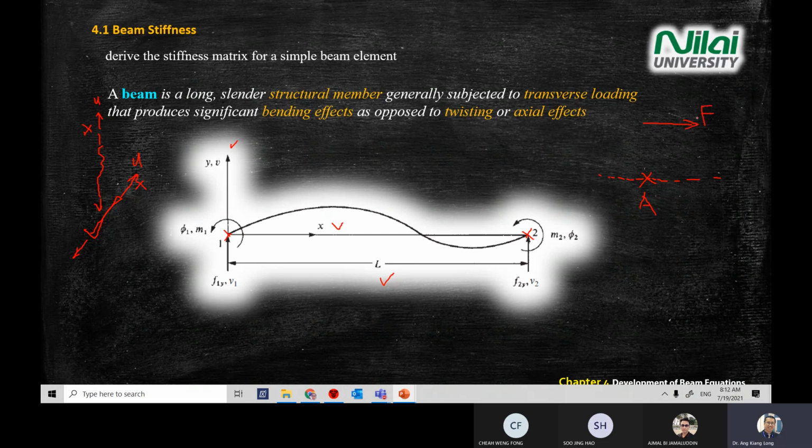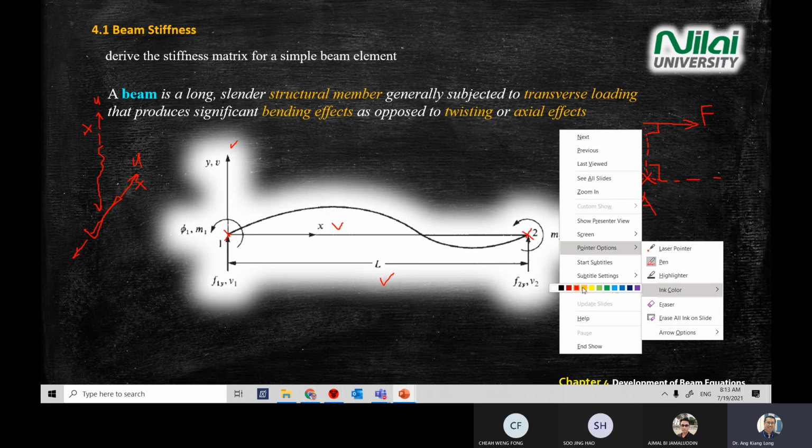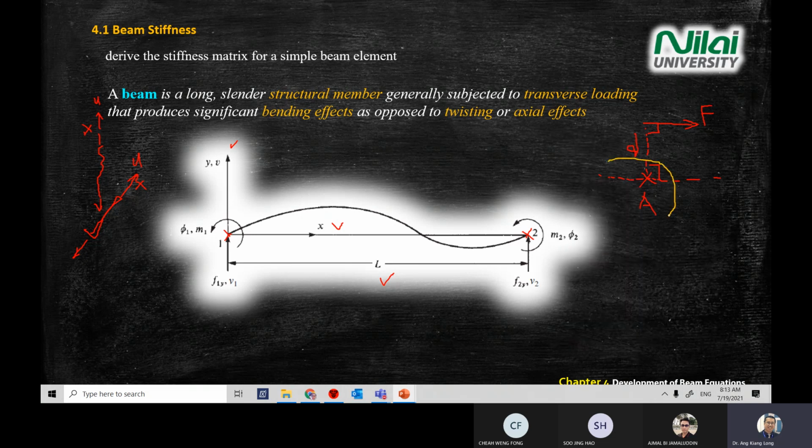If the force has an arm or distance d, and this force is perpendicular to the reference plane at A, then the result of F times d is a twisting moment in this direction, a moment at point A. So that's why you will get a moment at point 1 because of F2.